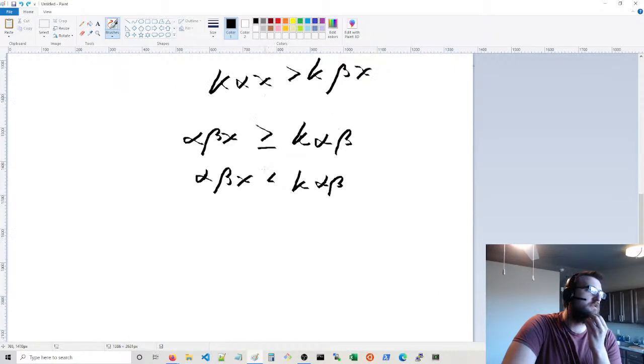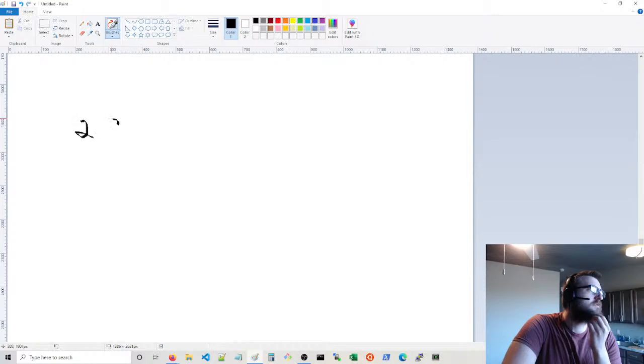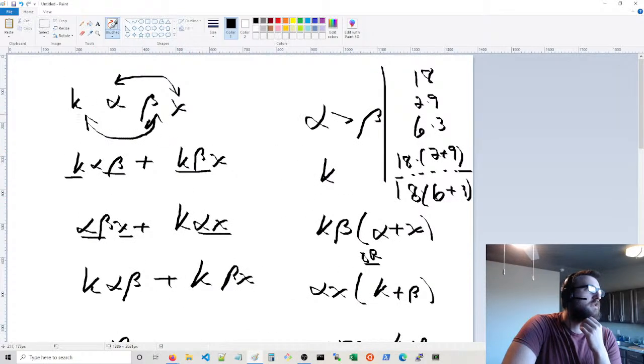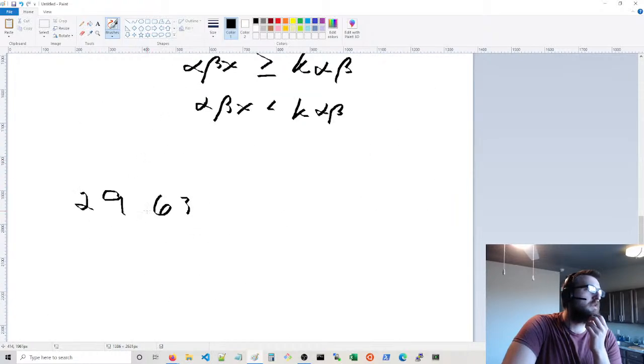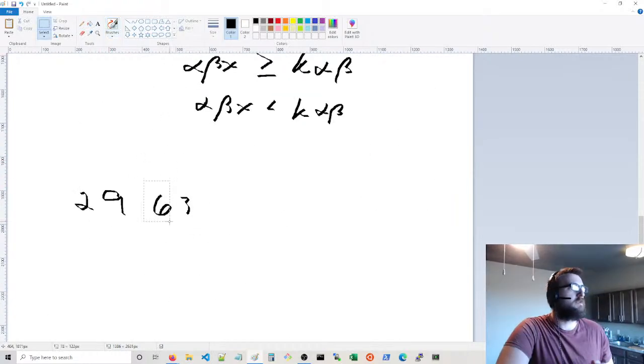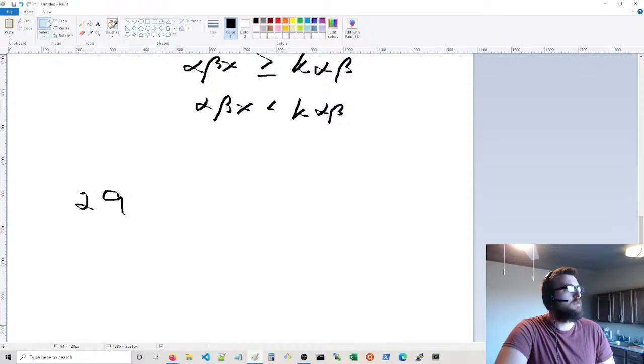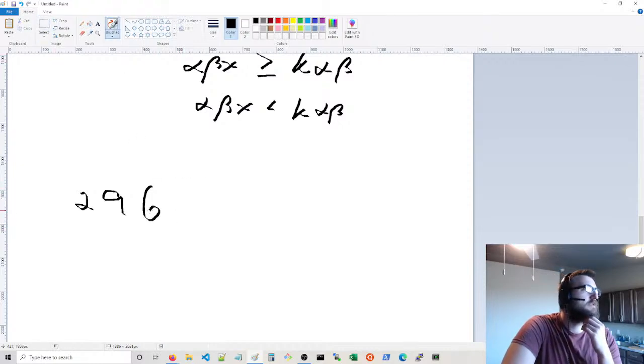So that would be 2, 9, 6, and 3. Let's take a look at that case. We said k and beta, so 6 and 3 should be paired. So we could put 6 and 3 here.